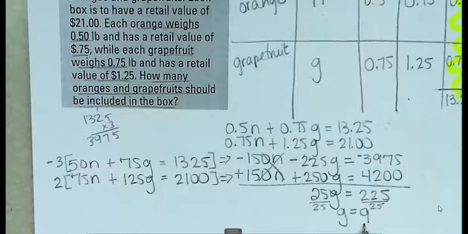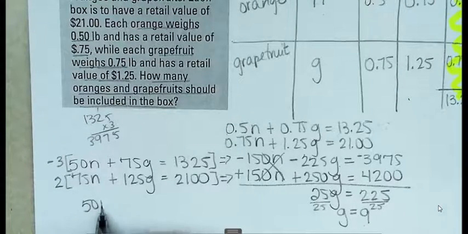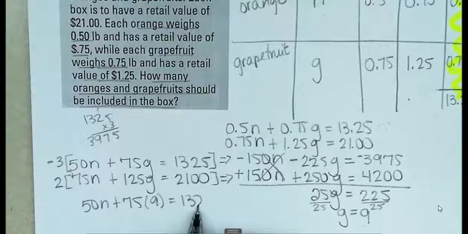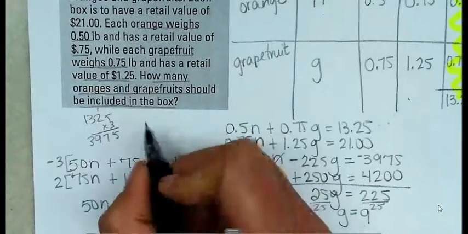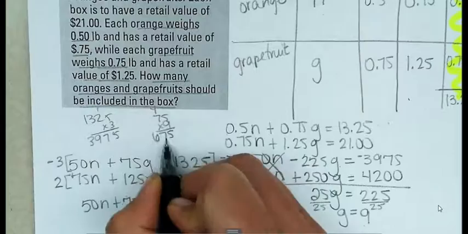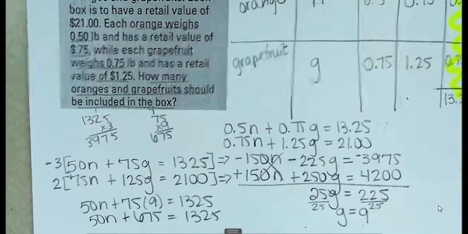And then how am I going to figure out my number of oranges? I'm just going to pick an equation and plug it back in. Instead of using decimals, I'll use one of these, the first one here. So 50n plus 75 times 9 equals 1325. 75 times 9 is 675, so 50n plus 675 equals 1325.